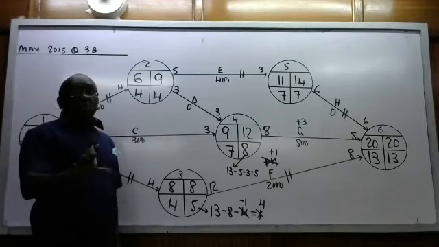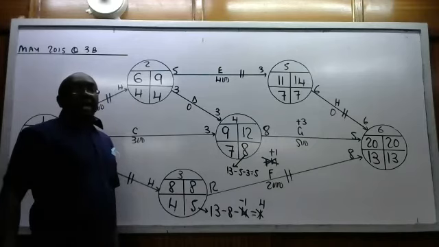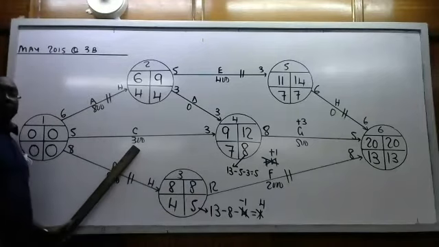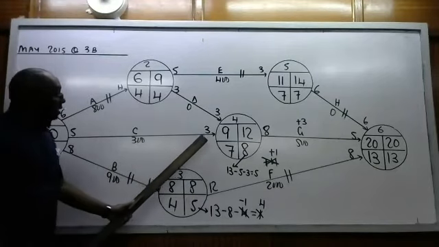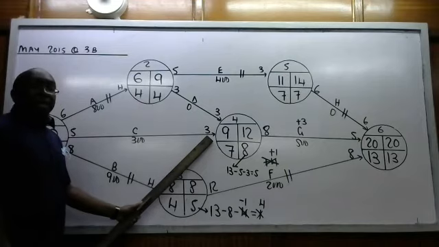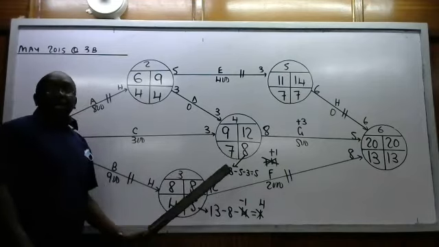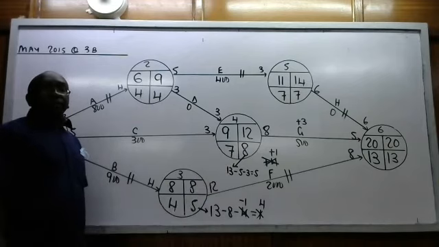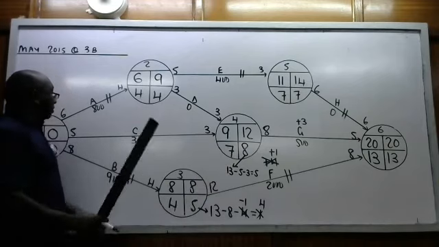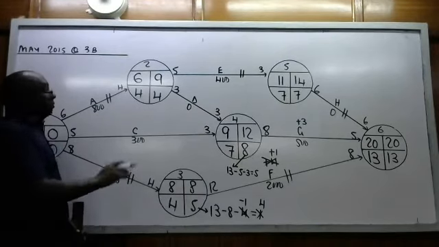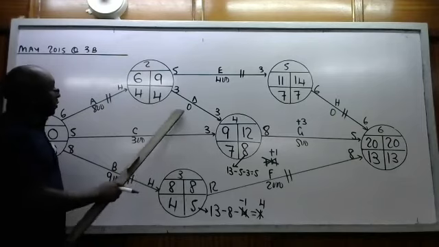So let's check whether those who are preceding will allow that to happen. Let's start with C. You see, C is going to finish within 3 days. So does it allow G to start? Yes. Actually, it will have a freedom of 2 days. Let's confirm whether it has been allowed.